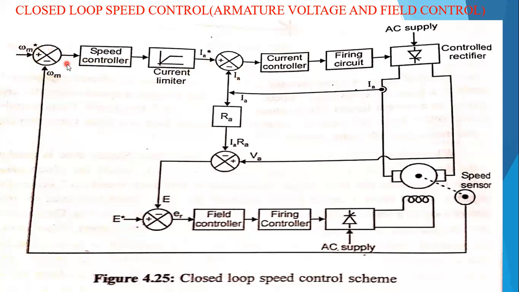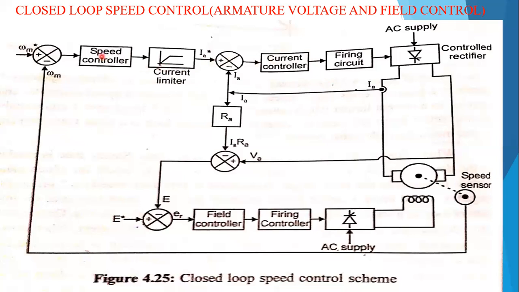And then the current limiter comes out of saturation. If the current limiter saturates, the current is limited. So how do we desaturate the current limiter?